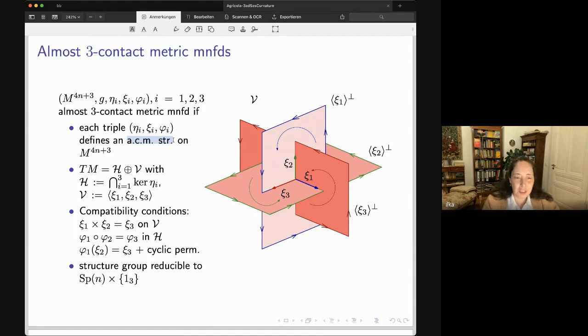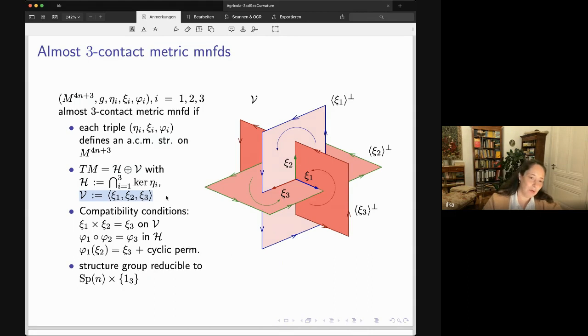For each index i, these triples eta_i, psi_i, phi_i just define almost contact metric structures on our manifold in the usual way. We have a splitting of the tangent space into a horizontal and a vertical part. The horizontal part being the intersection of the kernels of these three one-forms, and V is just what is spanned by the dual vector fields of the one-forms. Okay, so this is my vertical space.